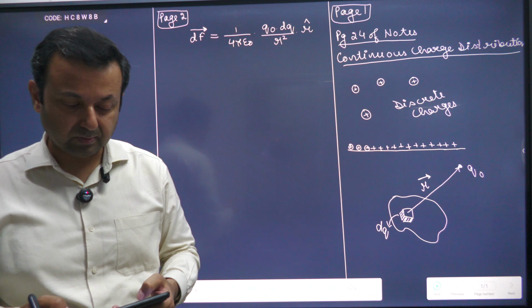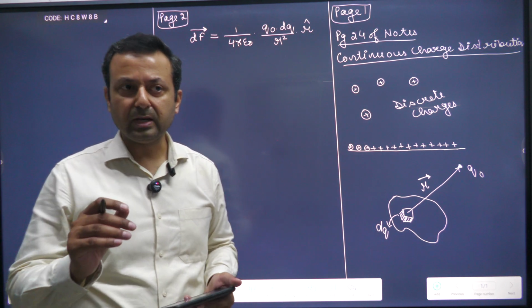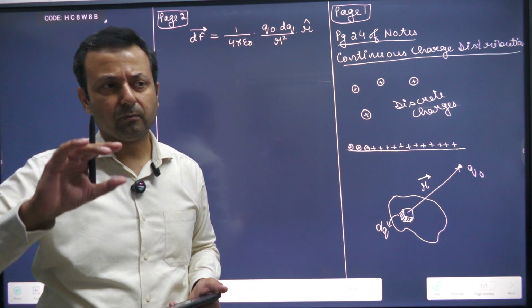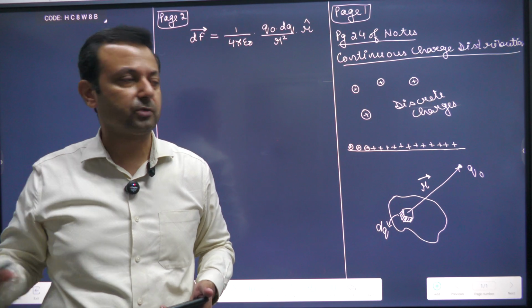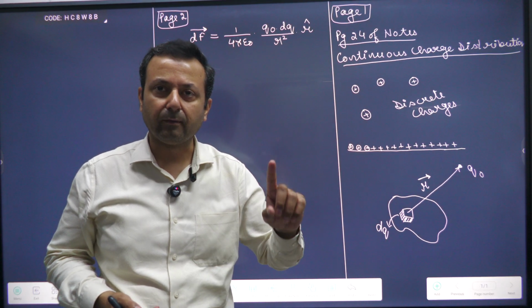Understood? By the principle of superposition, the total force on charge q naught will be found like this. If we are calculating a very small force dF, and with its help we want to calculate the complete force which exists between this surface and this charge q naught, then we have to integrate.